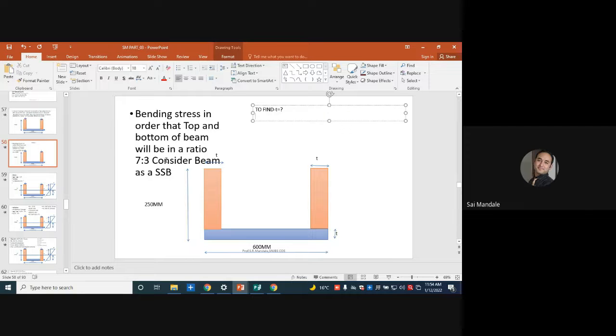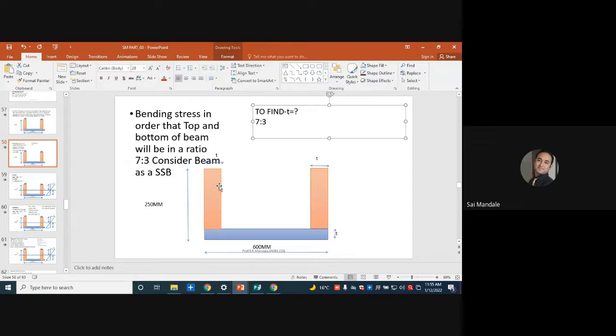What is this 7:3? Sigma. Which sigma? Perfectly correct. You are right. Top layer and bottom layer. The bending stress at the top and the bottom of the beam is 7:3.